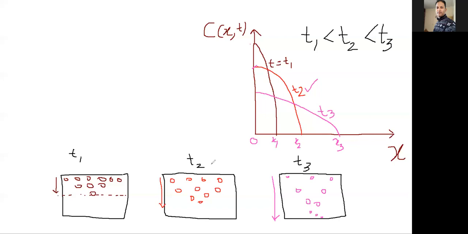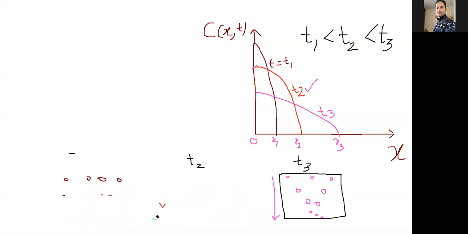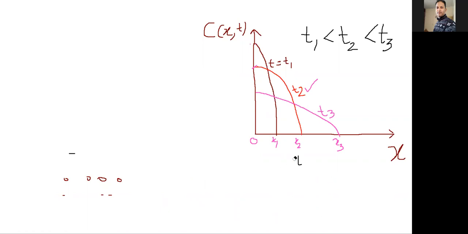Now let's see how these curves for limited source diffusion compare against the curves for constant source diffusion.